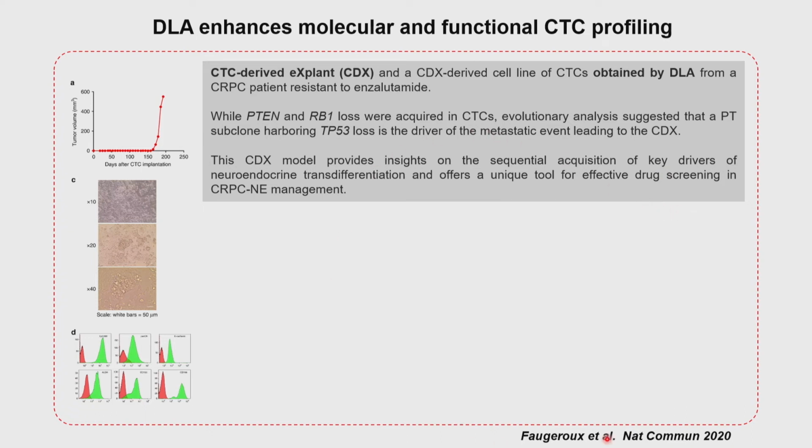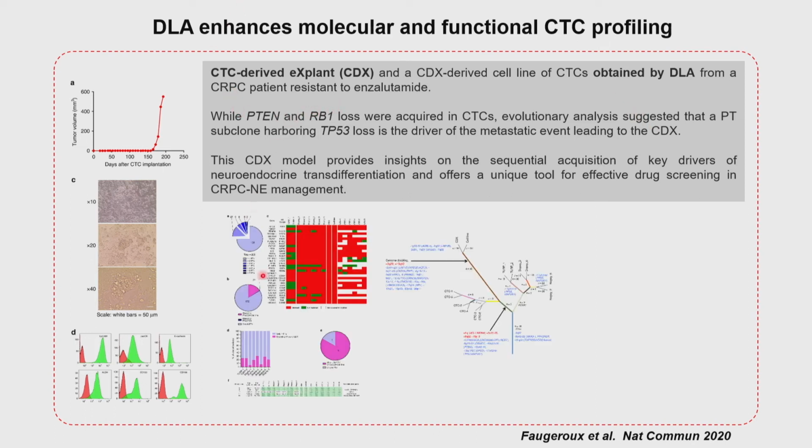This is another very interesting work, from Françoise Farace's group at Institut Gustave Roussy in Paris, published in Nature Communications. They were even able to generate a CTC-derived explant model from a diagnostic leukapheresis of an advanced prostate cancer patient.